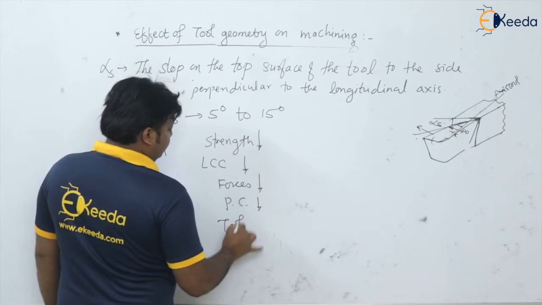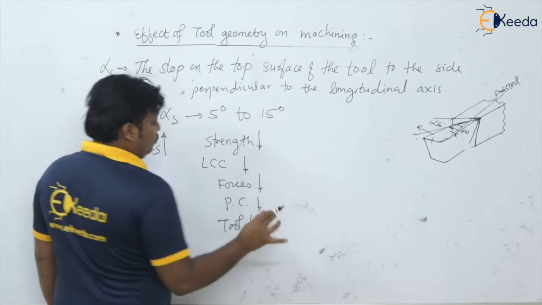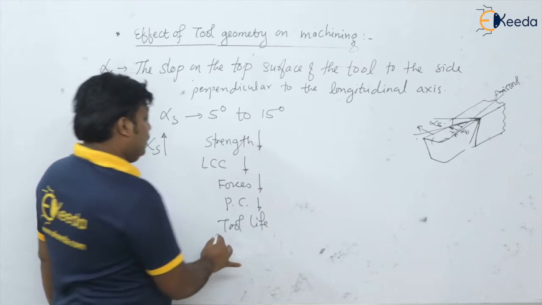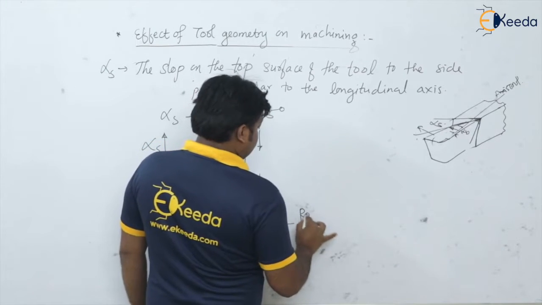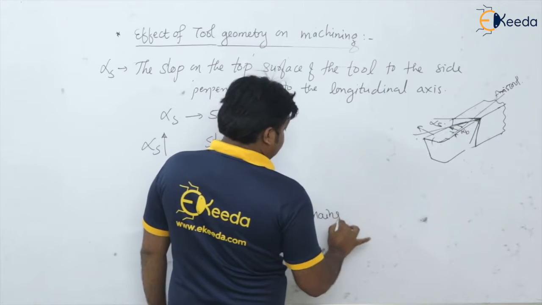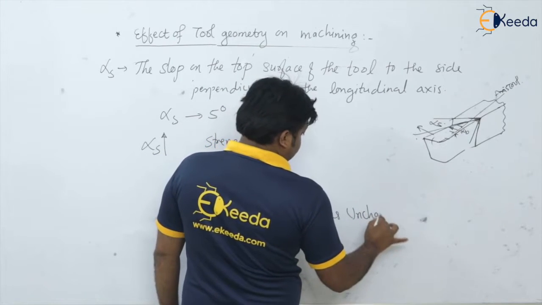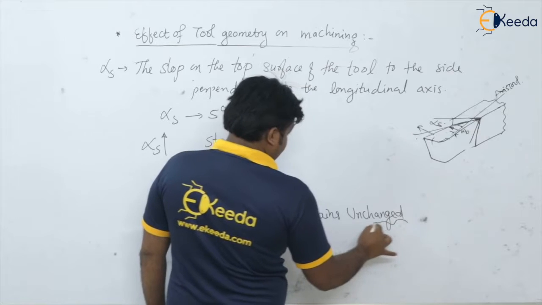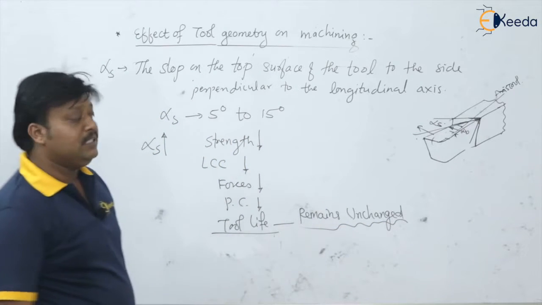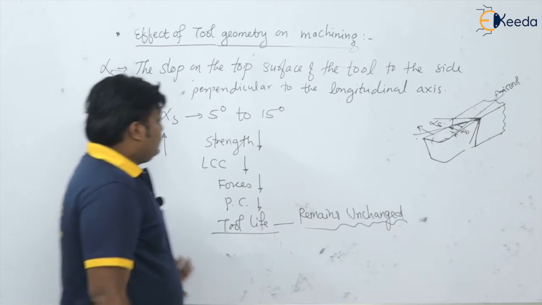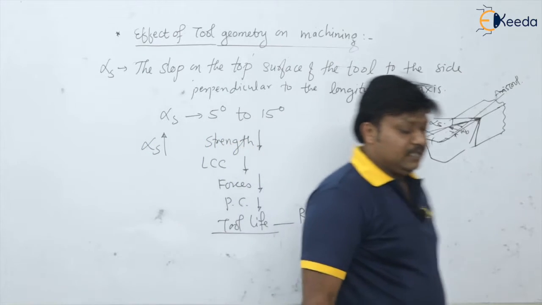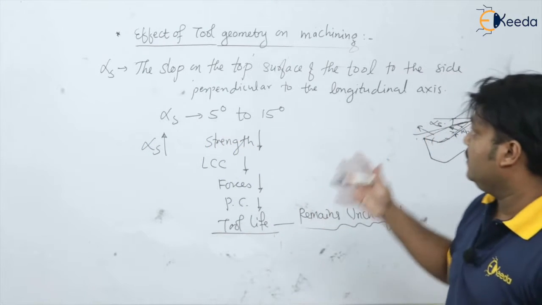What about tool life? Please remember here, tool life is not going to be affected. Tool life remains unchanged. Okay, please remember. So these are the effects on the machining, some parameters.